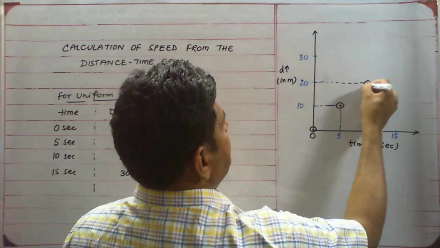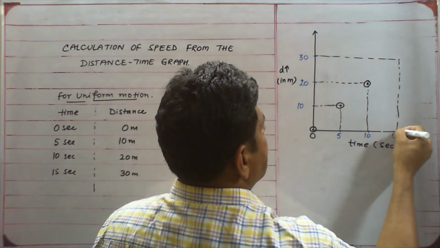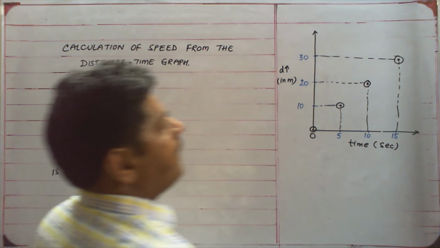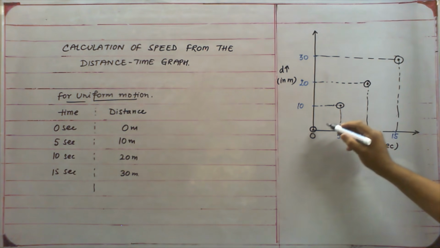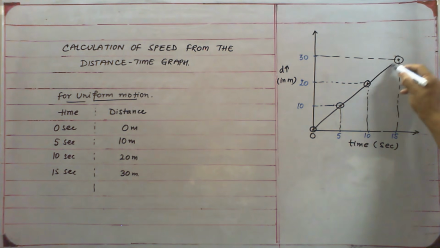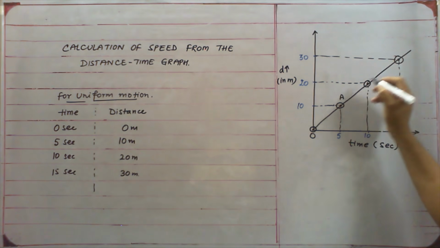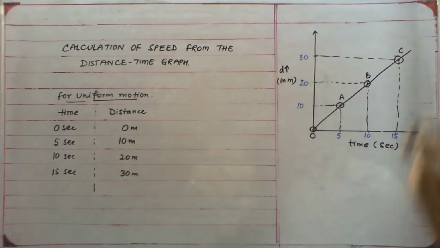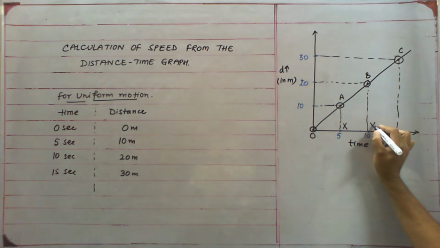So this is the graph, these are the 4 points, we just join these 4 points to get the graph. Now let us mark these points. Let us say this is A, this is B, and this is C, and let us mark this as X, Y, and Z.